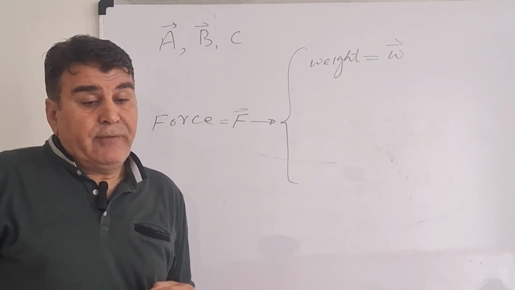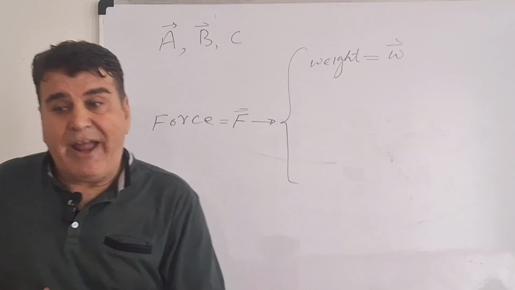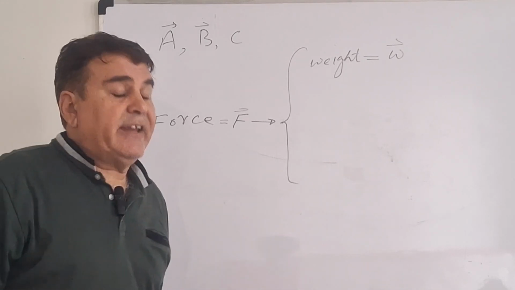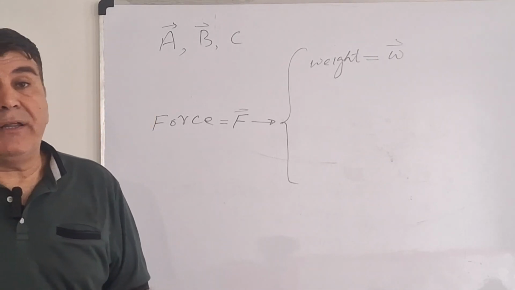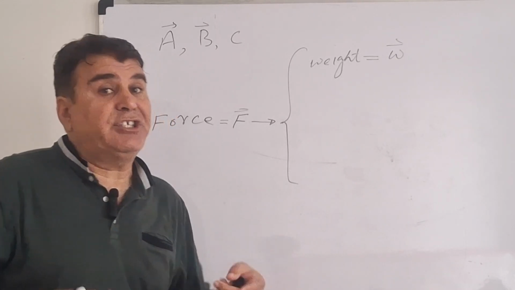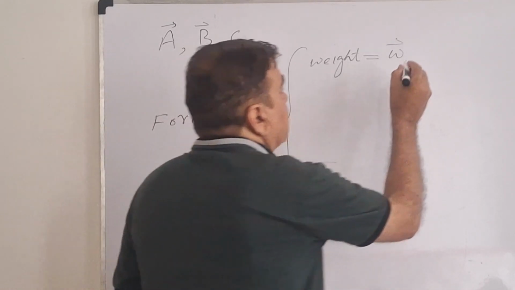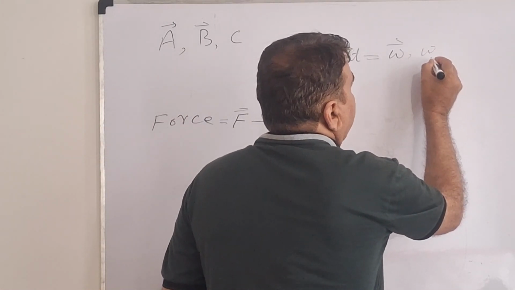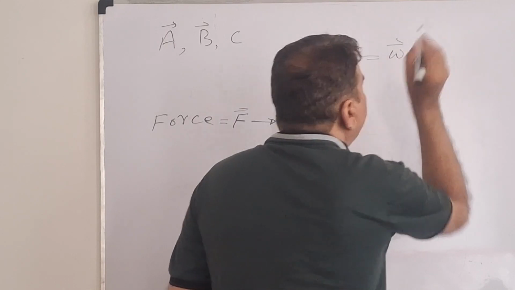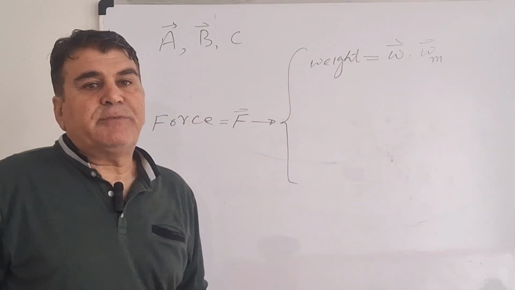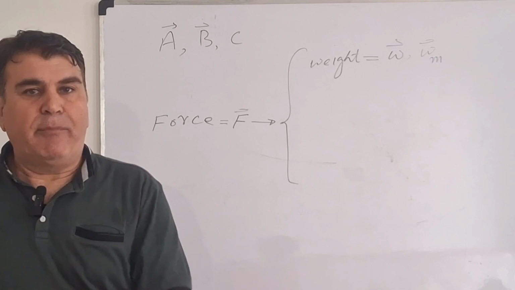Now, if we are dealing with several weights, or several bodies are involved in our problem or in our model, we then add additional information to distinguish between the weights of the bodies. For example, we add W with an M, where M would represent the weight of a man.